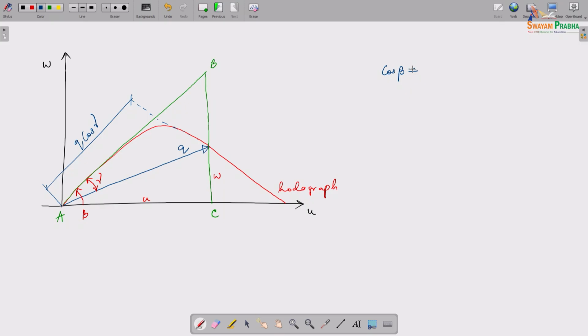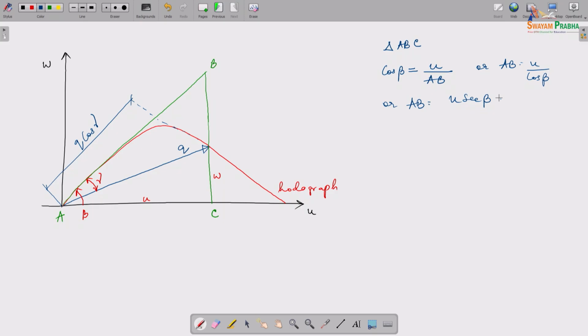We are looking at the triangle A, B and C. So, cos beta is equal to U by AB, or AB is equal to U by cos beta, or AB is equal to U sec beta.